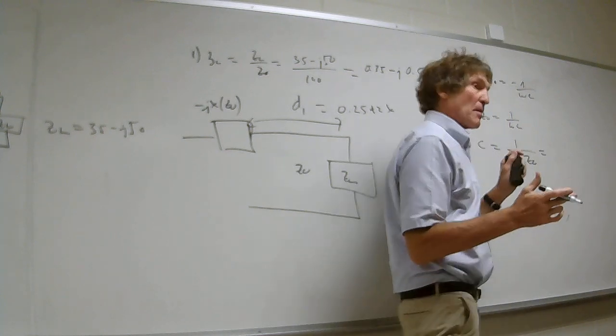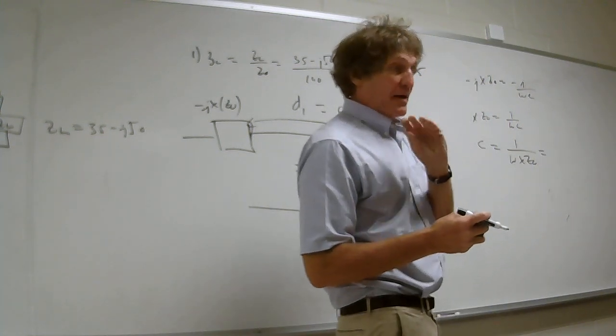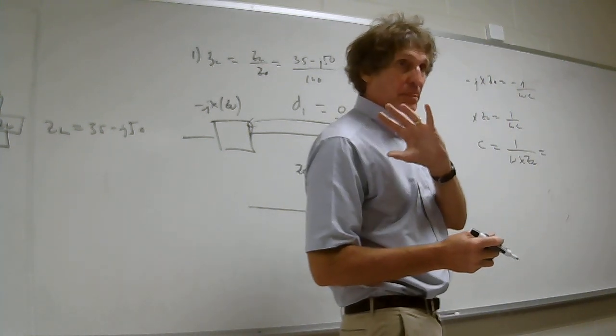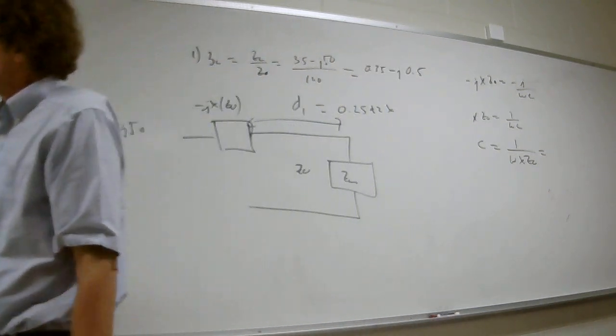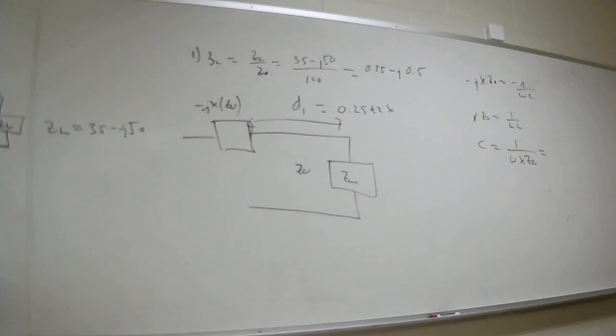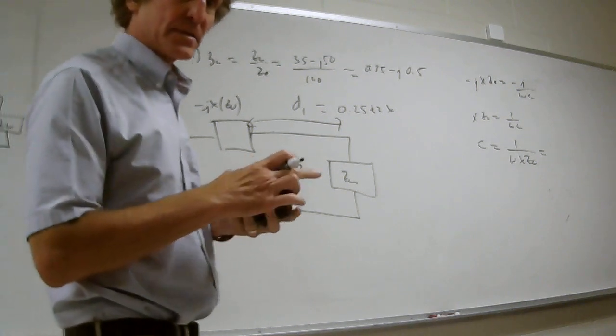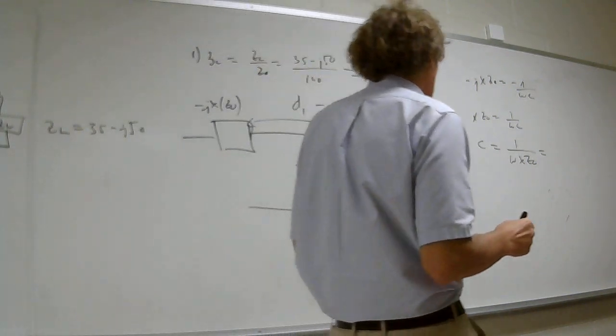Now that's for this problem, but you'll notice I have to account for the normalization. When we hit this point, the normalized value is 1 plus jx. We want to add a normalized value of minus jx, and to take it out and bring it into the unnormalized world, we have to multiply that by Z naught. Correct, class?